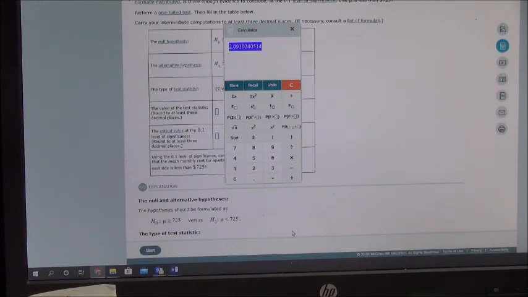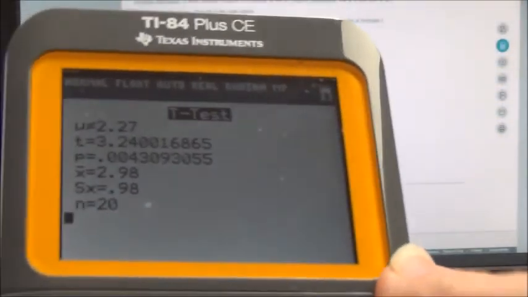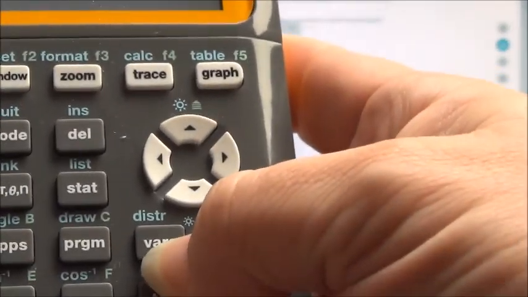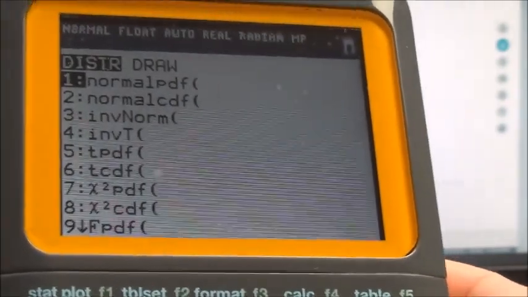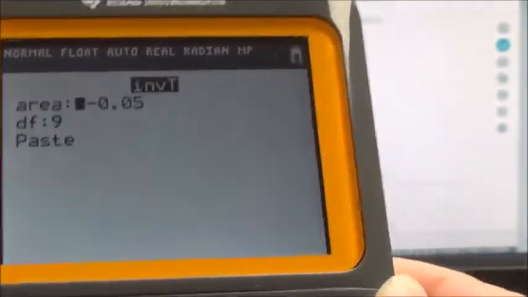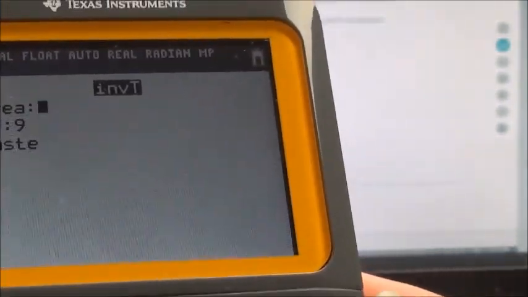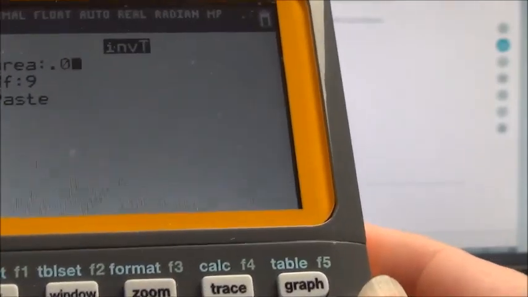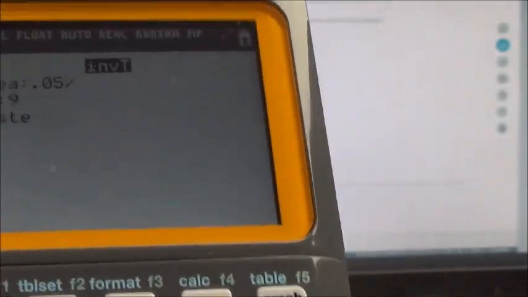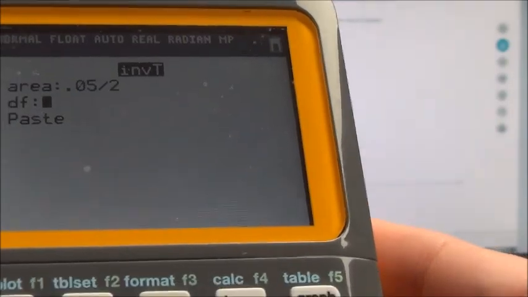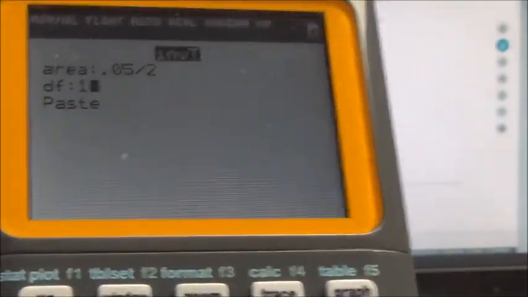So again, if you were going to do that on your graphing calculator to find your critical value, you are going to use the second function button and the vars menu to get the distribution menu. We're going to do inverse t, which is choice number 4. And so for the area, we're going to use 0.05 divided by 2. My degrees of freedom again was 19.